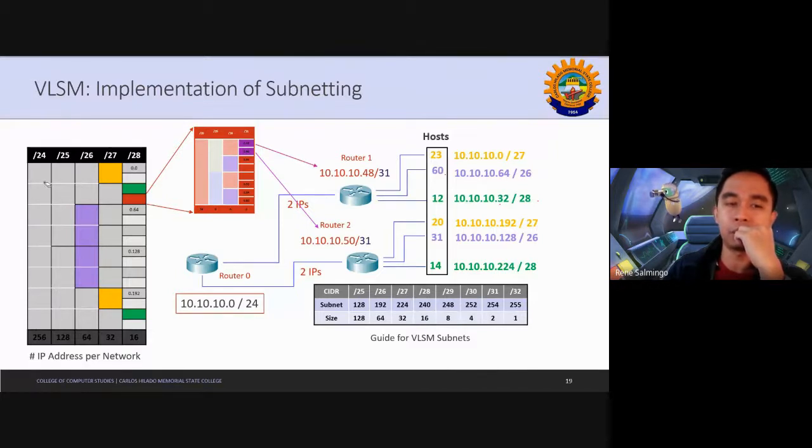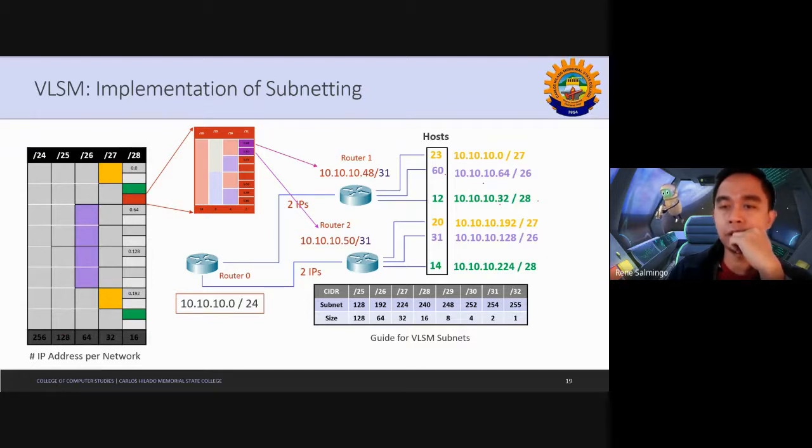And once you use the whole subnet, you could not divide this anymore. But once you use a variable length subnet mask, you could divide each subnet into a number of parts. So this is 64 hosts, and that's how we put it here to identify the division.